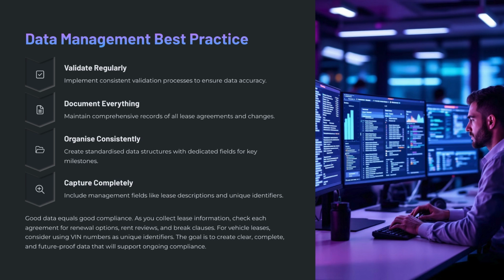These should all have dedicated fields in your data structure. And don't stop there. Think about other important management fields too, such as a clear lease description, vehicle details, and registration numbers. Especially if you're using the VIN as the unique identifier for vehicle leases. The goal is clear, complete, future-proof data.